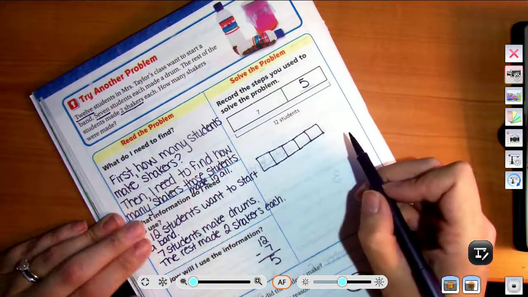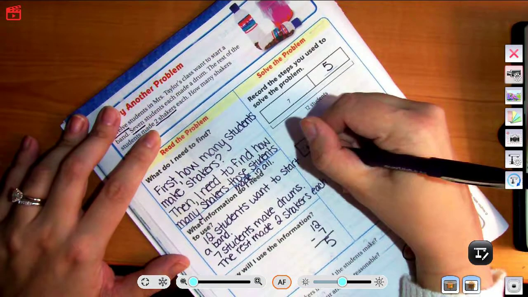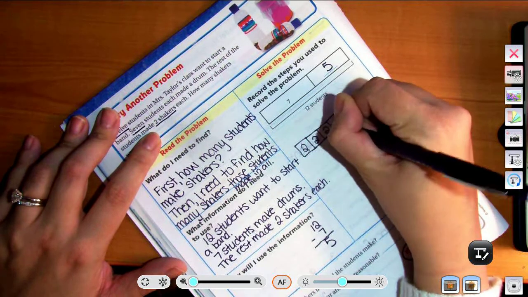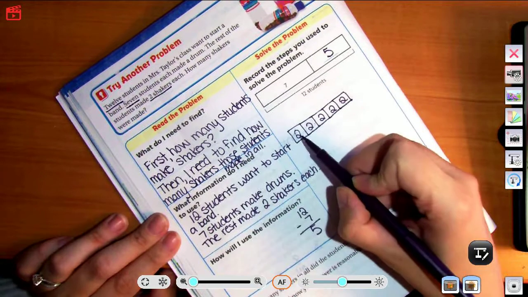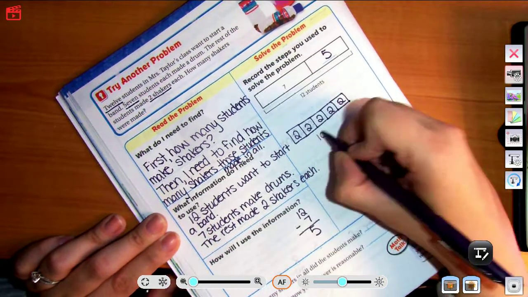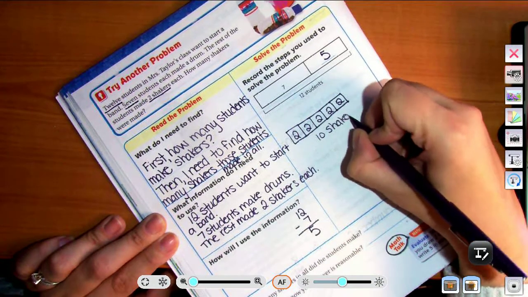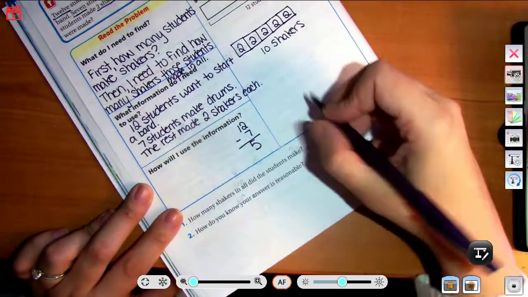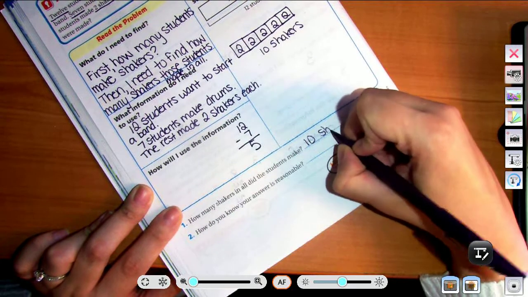What number am I going to put in each? 2, because each of these 5 students made 2. Okay, so counting by 2s, 2, 4, 6, 8, 10. So we have 10 shakers. Okay, how many shakers in all did the students make? 10 shakers.